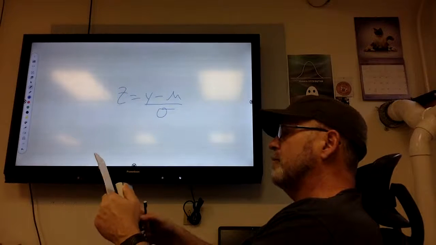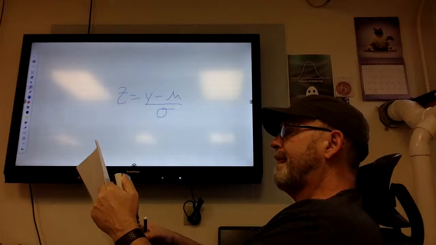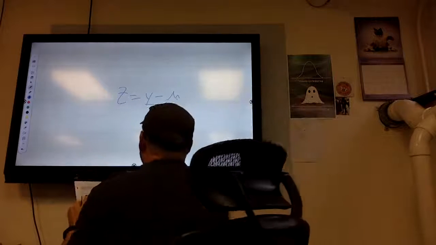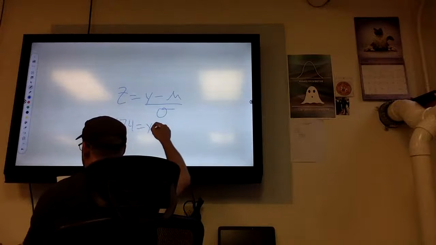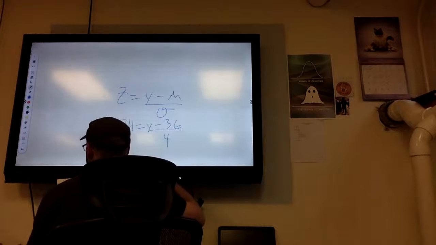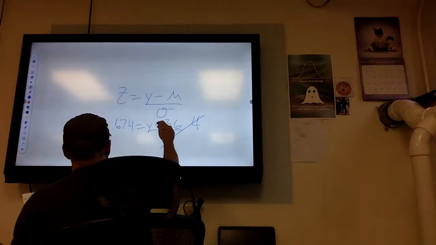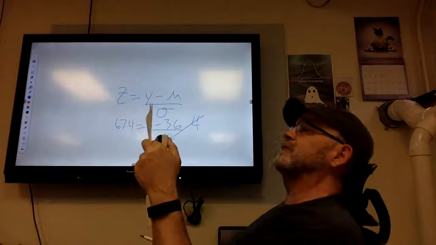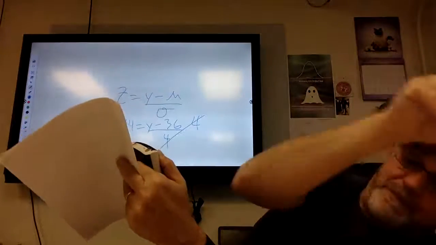So you go to inverse norm, put in 0.75, and I get 0.674. 0.674 equals y minus the mean of 36 divided by the standard deviation of 4. Multiply both sides by 4 to get rid of that, and then add the 36, and you get D, 0.67 times 4 plus 36. There's number 14.